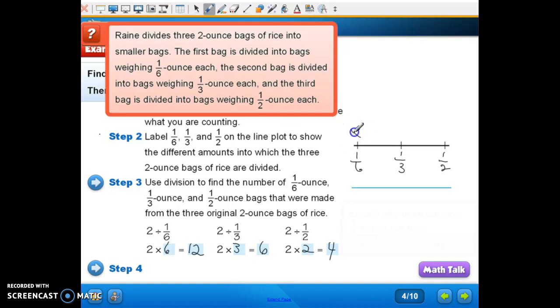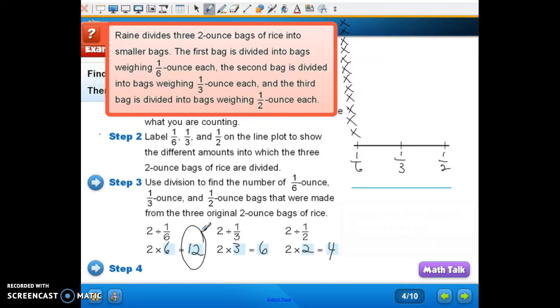So we're going to have 12 little X's here above 1/6. Hopefully. How many? 12. Right here, 12. Because we divided 2 ounces. Remember, each bag contained 2 ounces. In the first bag we divided into 1/6-ounce bags.